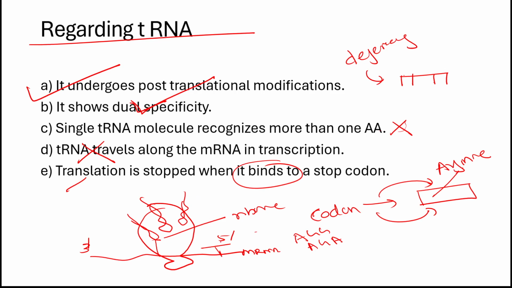There is no anticodon for a stop codon. It will simply cease itself and will not proceed further. Therefore, there will be no binding as such. Translation will be stopped by a stop codon, but there will be no binding. Therefore, again, a false statement.